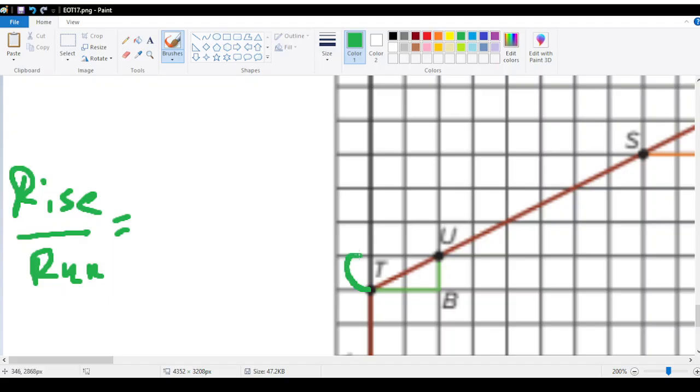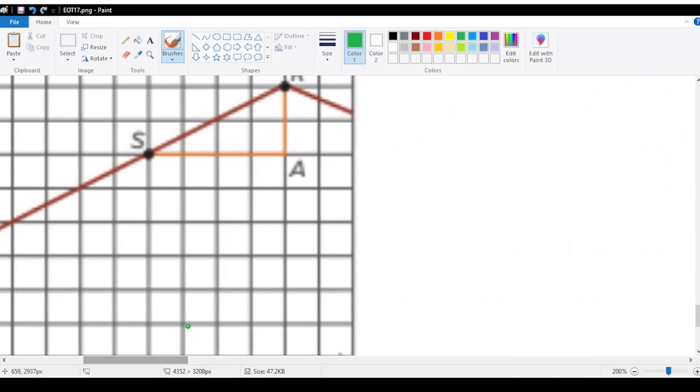So we are going to go up 1 unit. Good. Over 2. 1/2. How much? 0.5. That's correct. Now let's talk about the other one.